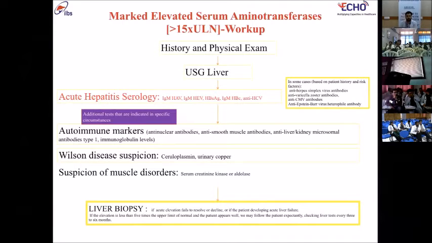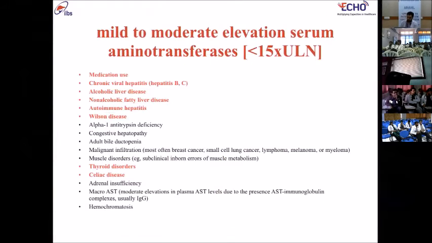If the patient still has persistent elevation in transaminases, rule out any alternative medication, then a liver biopsy is usually required to give an idea why the patient has marked elevation, whether it is due to some seronegative hepatitis or a seronegative autoimmune hepatitis, which can cause transient elevation in the aminotransferases.